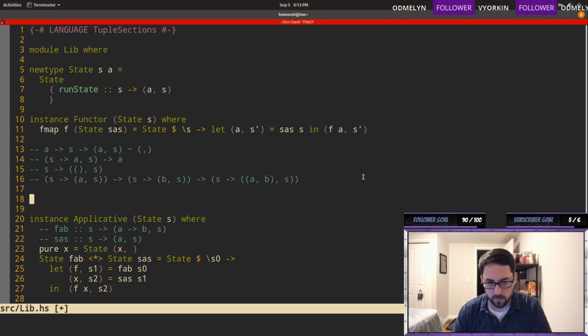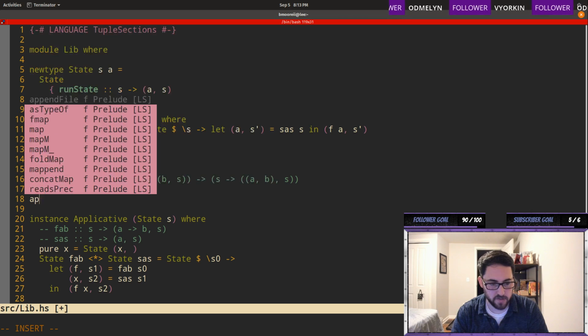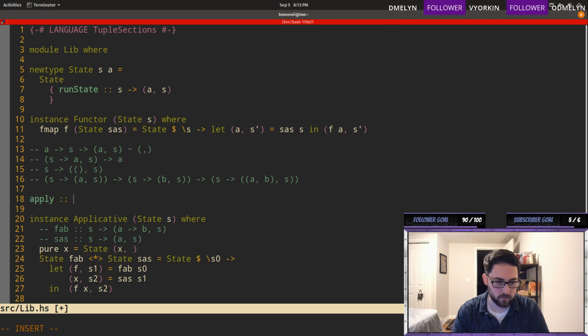Okay, anyway, we can write these functions. I keep wanting to write apply, but that's probably not a good name, but let's go there.